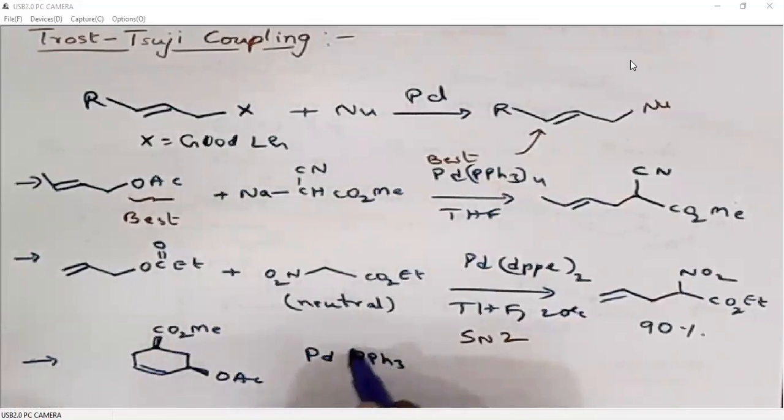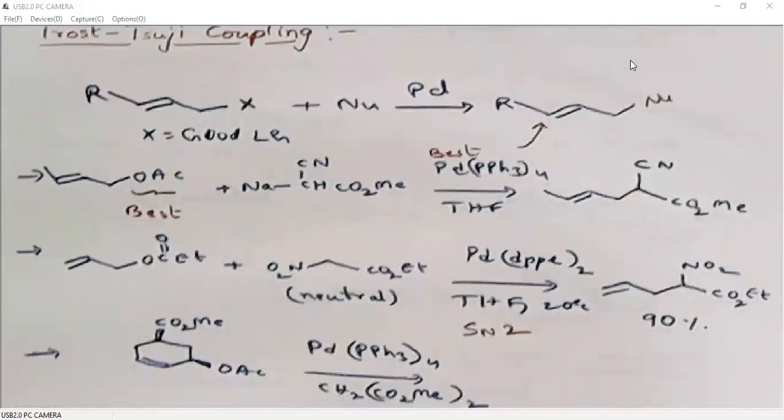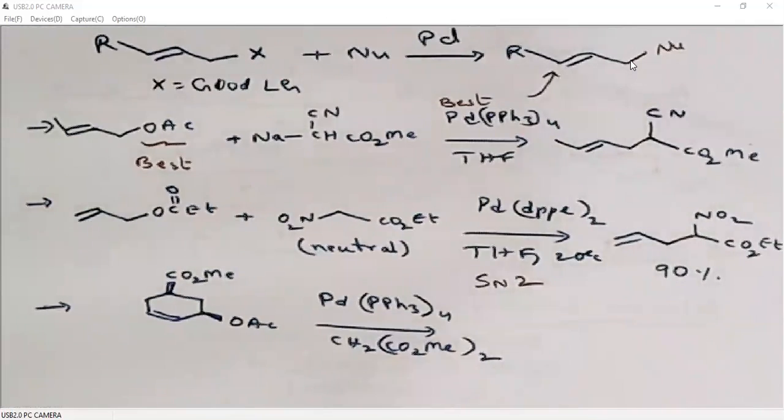But in this case, the inversion of configuration takes place two times. How?